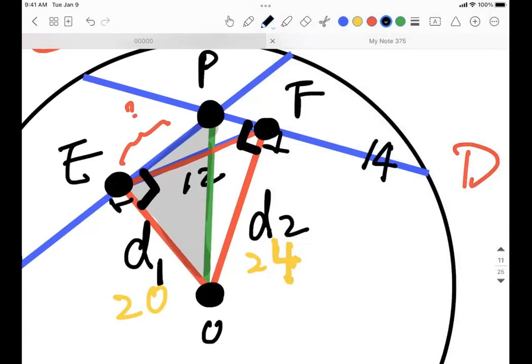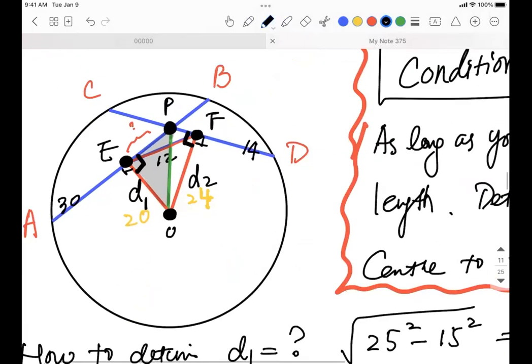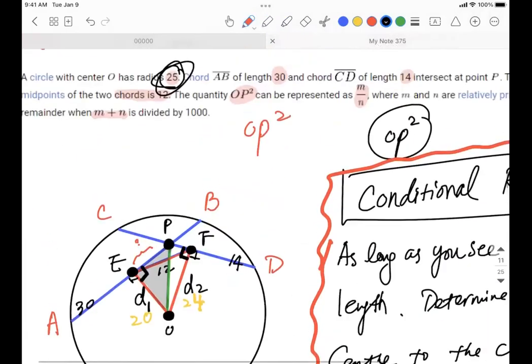Actually, PEOF, those 4 points, are going to be cyclic. Do you guys know that? Cyclic. PEOF is cyclic. Cyclic means they are actually staying on the same circle. Did you guys know this?